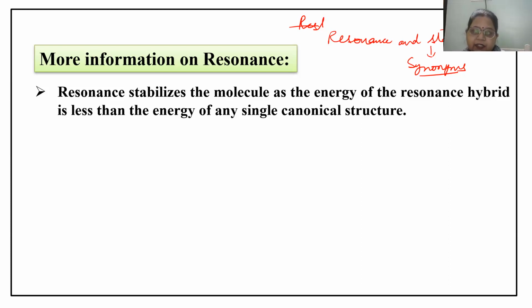Less stable, less energy means less reactivity, right? So we are trying to establish one fact, that the resonance hybrid has a lesser amount of energy than any of the canonical forms.